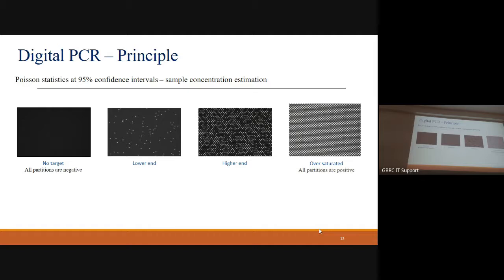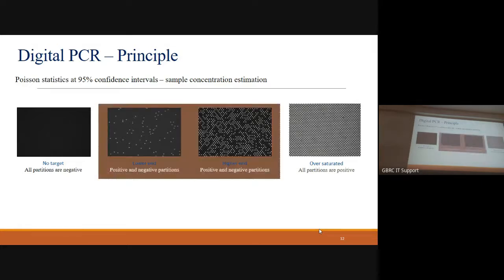As I said, you need to first titrate the dilution of your starting DNA or RNA. If you have no amplification, all your partitions will be negative. If you have a few copies present in your target sample, this is a lower-end signal, and this is a higher-end signal. These two are good for counting the final copies in the reaction.